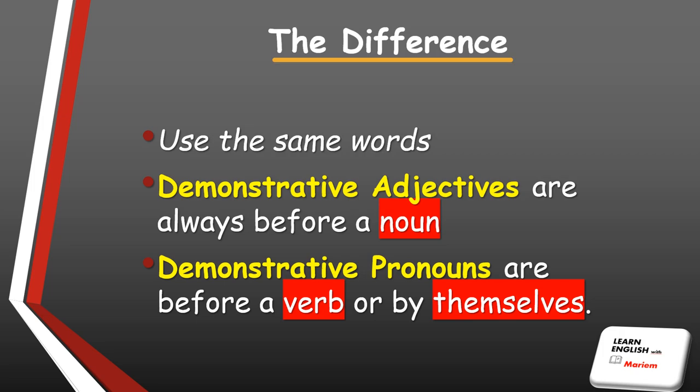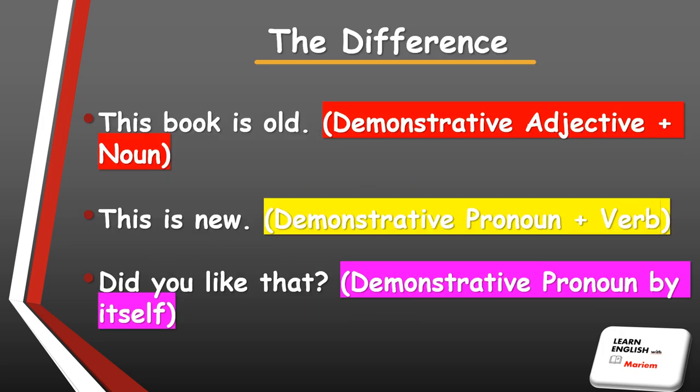On the other hand, the demonstrative pronouns are before a verb or by themselves. والضمائر دائما يجي فعل بعدهم. دائما نستخدم فعل بعد الضمائر وببعض الأحيان نستخدمهم لحالهم by themselves. So far so good? Well, I hope so.